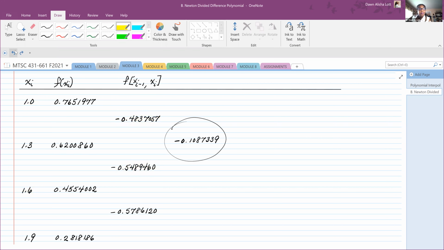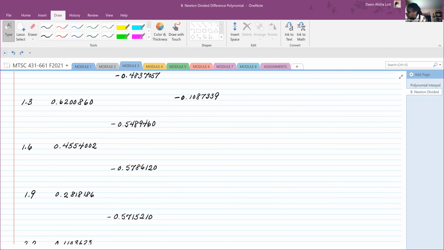Okay. The next one here, which is negative 0.0494433. That one I took this value minus this value, divided by 1.9 minus 1.3.